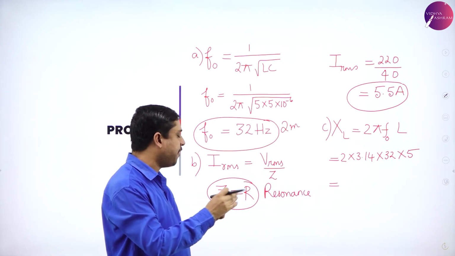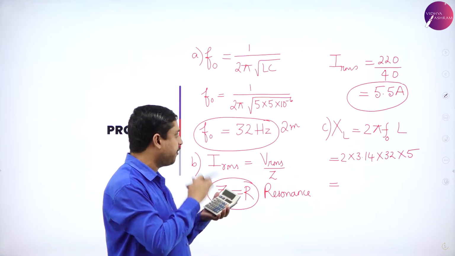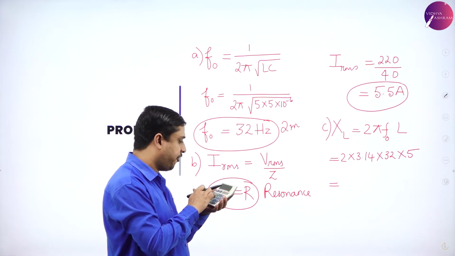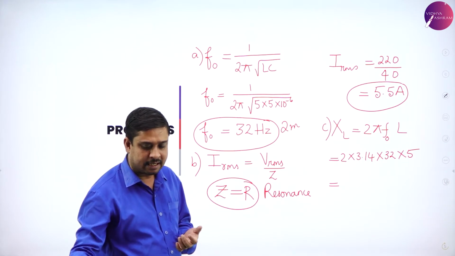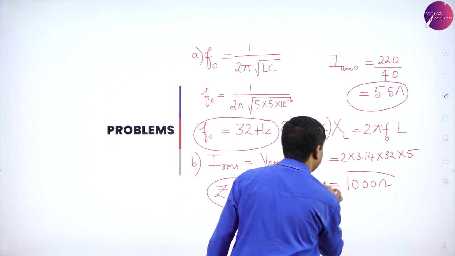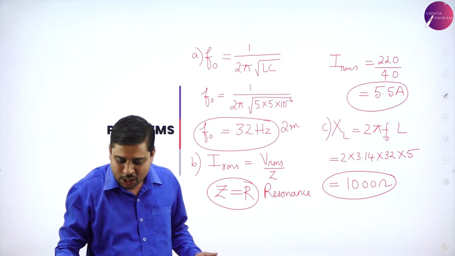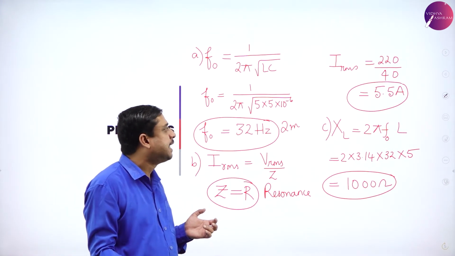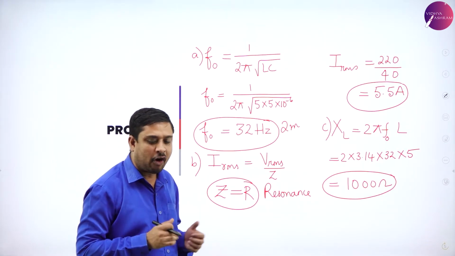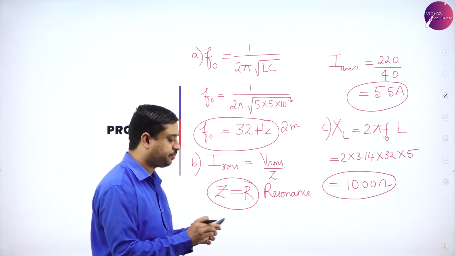So when I simplify, here we have 2 into 3.14 into 32 into 5. So nearly 1000 ohms. See? I need not scratch my head, students, to score a 5 marker here. Simple concepts, simple formulas will easily yield me a 5 marker.